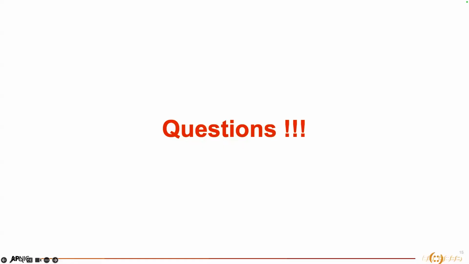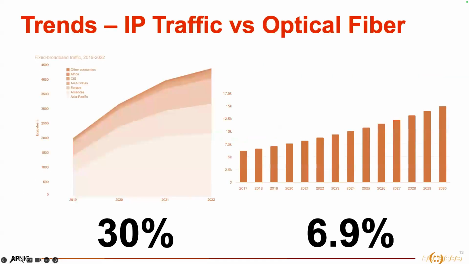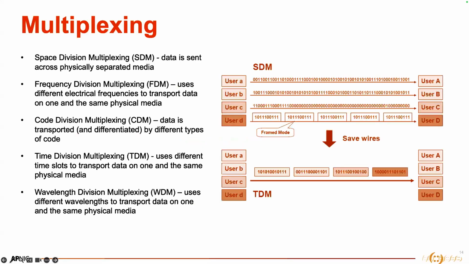Yes, sir. I'm just asking one thing, sir. Is FDM only applicable for analog signal, or can it be applicable for digital signal also? So frequency division multiplexing you're talking about? Yes, sir. So all these communication multiplexing techniques are basically analog. Whenever we are working with lights, it is the physical layer, right?